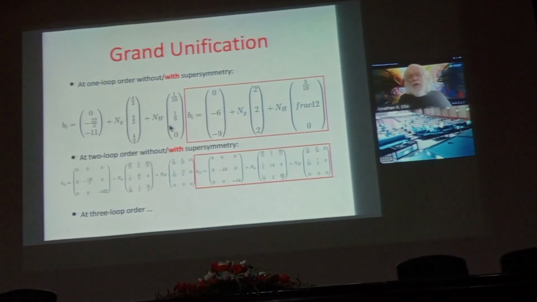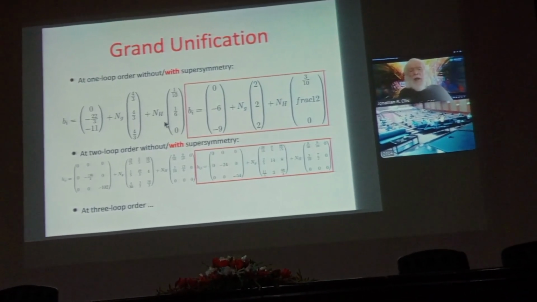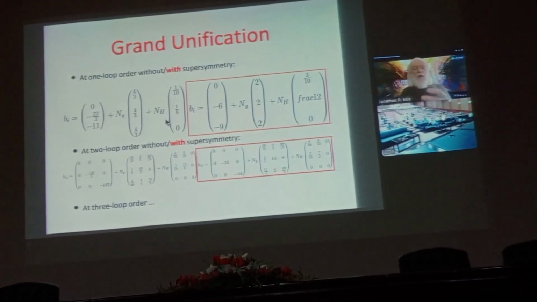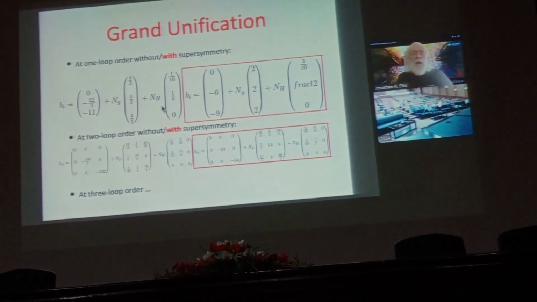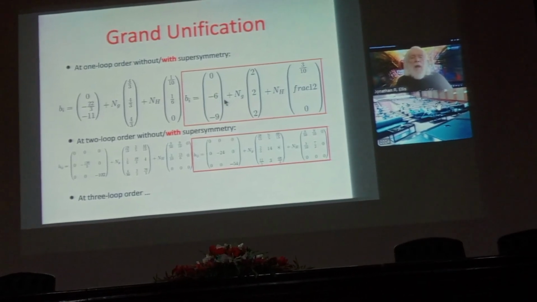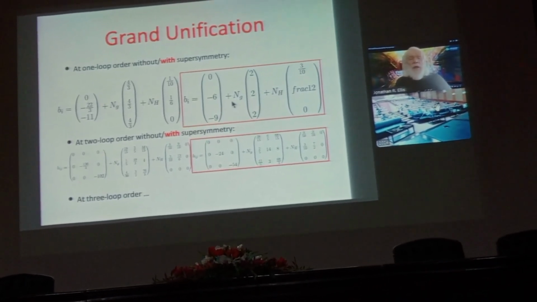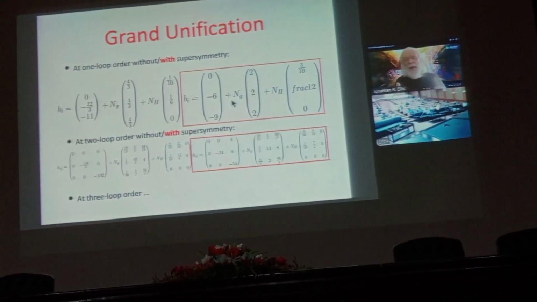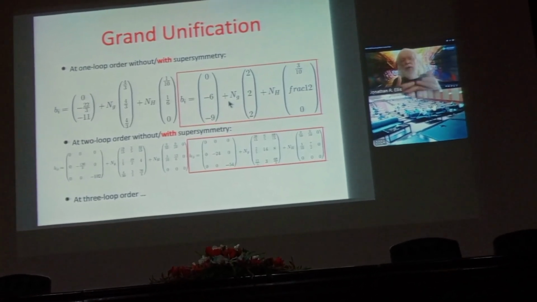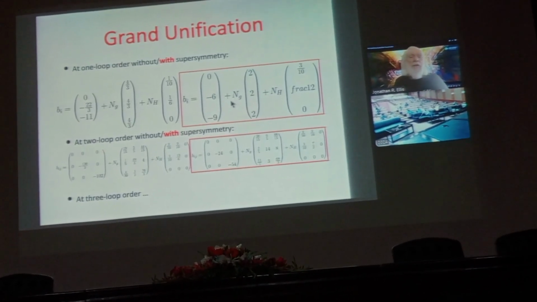I won't go through the details of this calculation, but these parameters here tell you how the couplings change. Supersymmetry will also change them, but they change in a different way from the standard model because you've got additional particles which contribute to the variation, the running of the fundamental couplings.